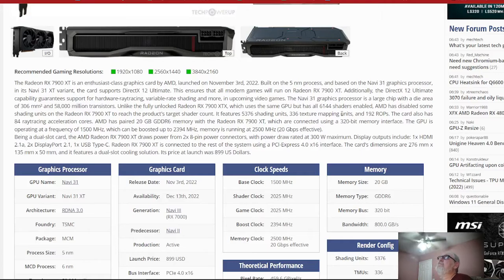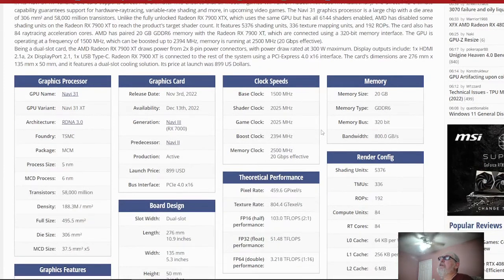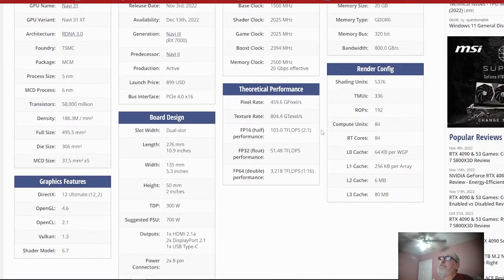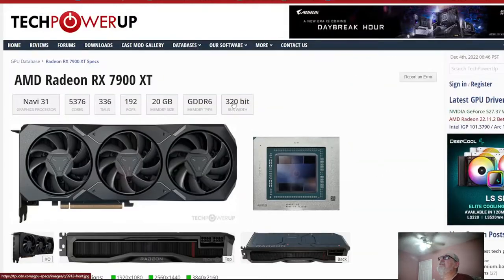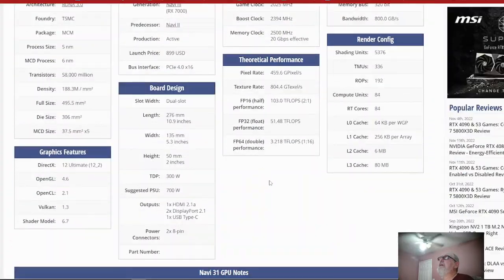So it does have over 12,000 shaders. It's just how you look at this, because it's double the infinity cache from what they're saying. But this is the specs. This is the specs for the XT version.